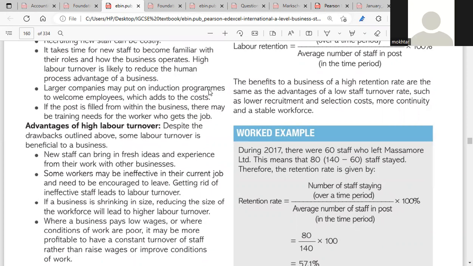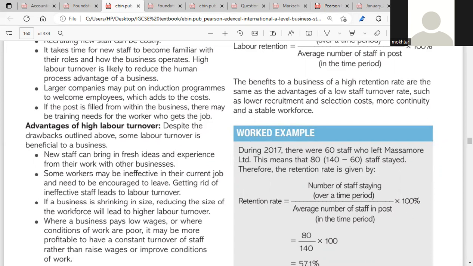And the time might not be enough because customers might be waiting, and other stakeholders might not be happy when there's delay. So another problem about high labor turnover is that the new workers that you're going to recruit might find it difficult to quickly acclimatize to the new system.